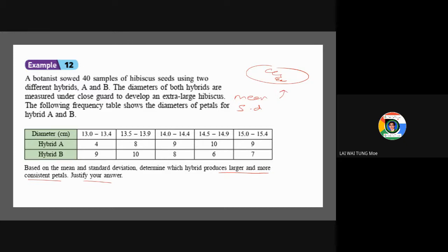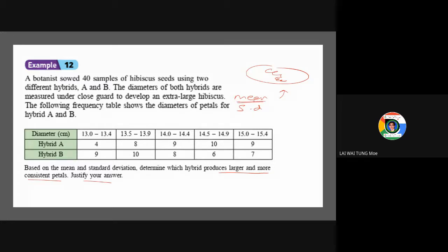In this case, the cm refers to the diameter of the petals. So if the mean is higher, that hybrid will have larger petals compared to the smaller mean.